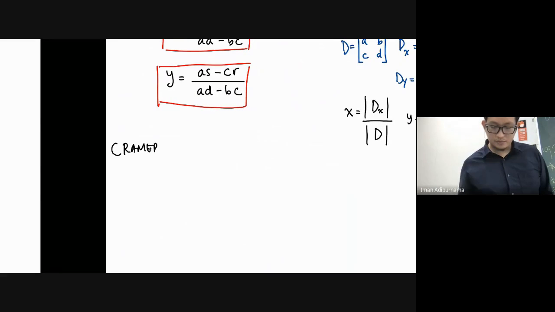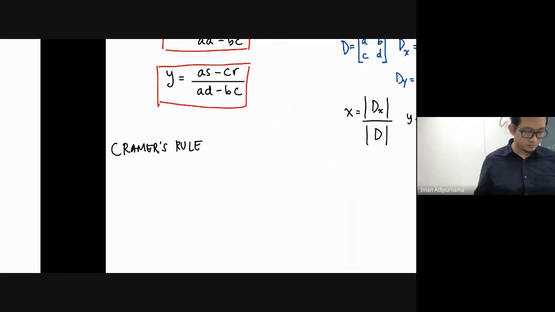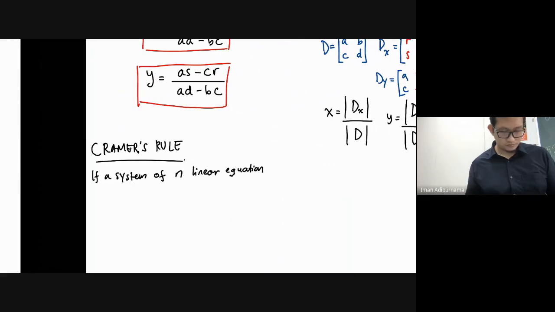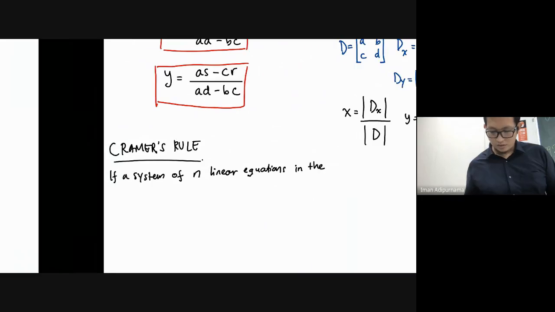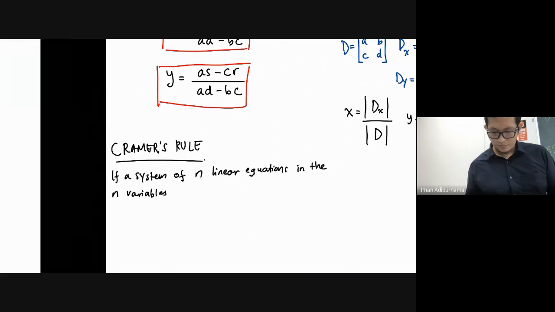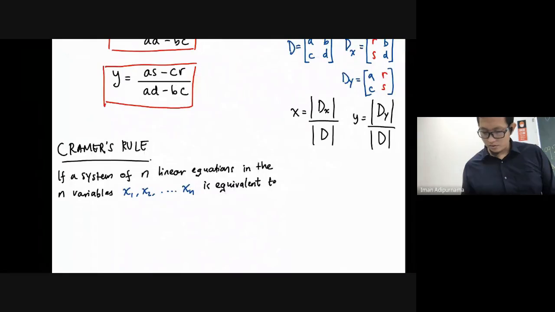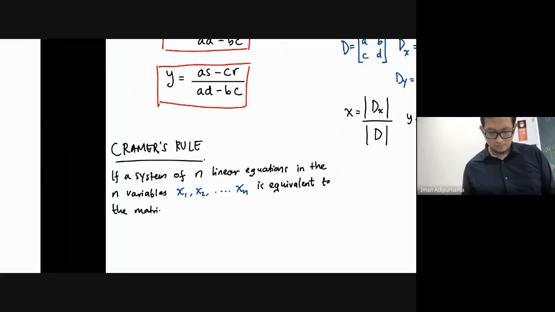So Cramer's rule: if a system of, let's say, n linear equations in the n variables x1, x2, up to xn is equivalent to the matrix equation, let's say D x equals b.